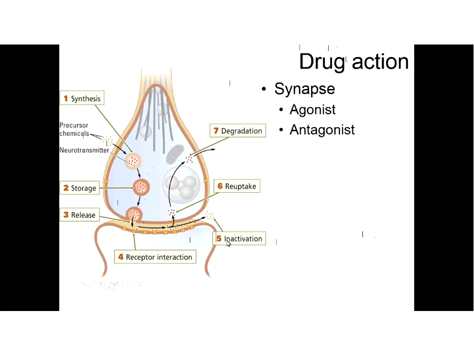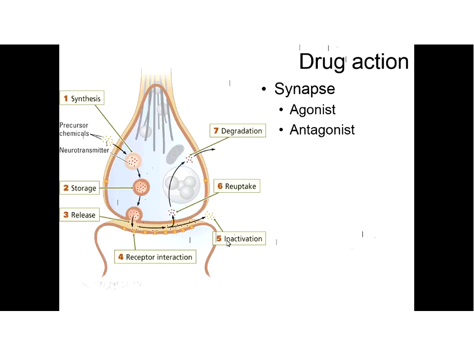So if an enzyme that normally breaks down that neurotransmitter is inactivated, that would be an agonist, because you would essentially have more neurotransmitter than you normally would in the synaptic cleft. So here we see giving a drug that prevents those enzymes from breaking down the neurotransmitter essentially increases the amount of that neurotransmitter and then increases neurotransmission. It would be functioning as an agonist.